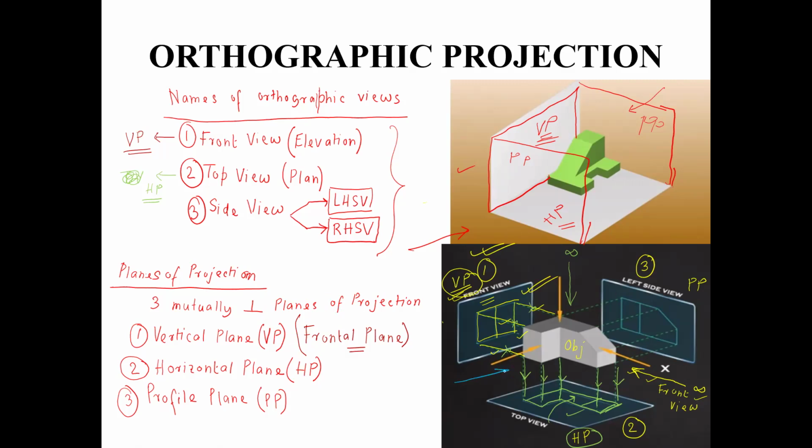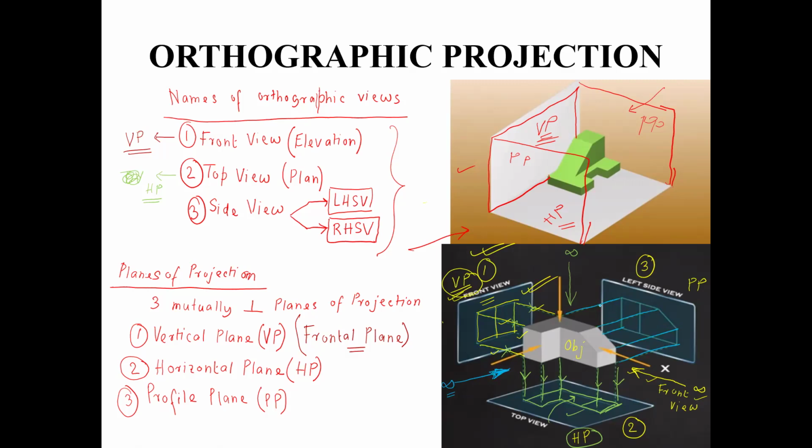So when you are looking at the object from the left hand side, this is your direction of viewing, and you are viewing the object along this direction from a theoretically infinite distance. Now your projectors are represented by this set of lines. These are the projectors which come into existence when you are looking at the object from the left hand side, that is, along the direction of this arrow.